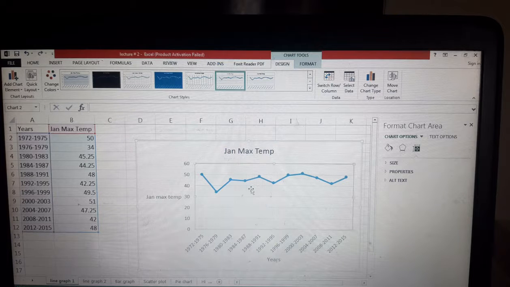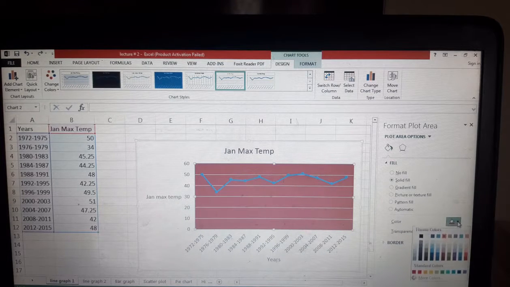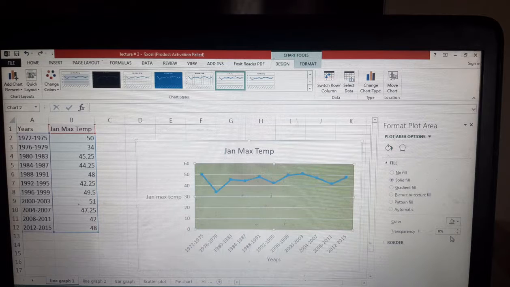You can use different colors for your graph by double-clicking on the chart area, then clicking on Fill and Line. Click on Fill, click on Solid Fill, and use any color which you want, brown color or green color.